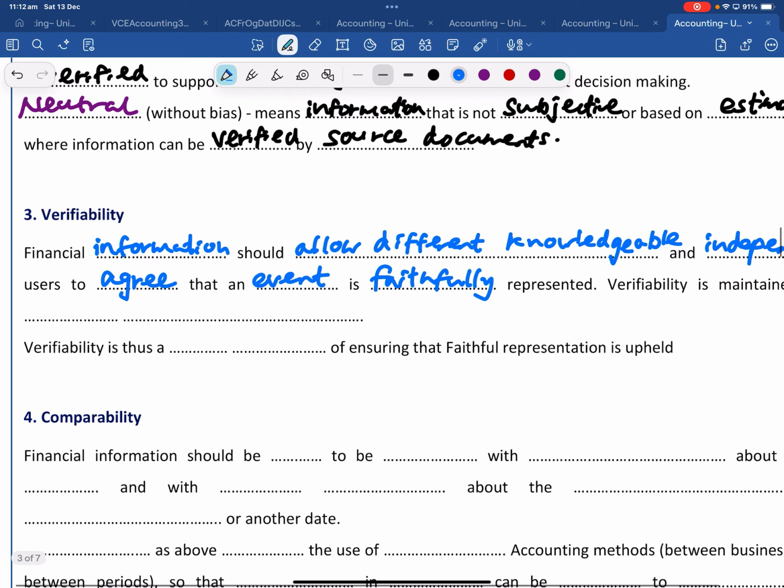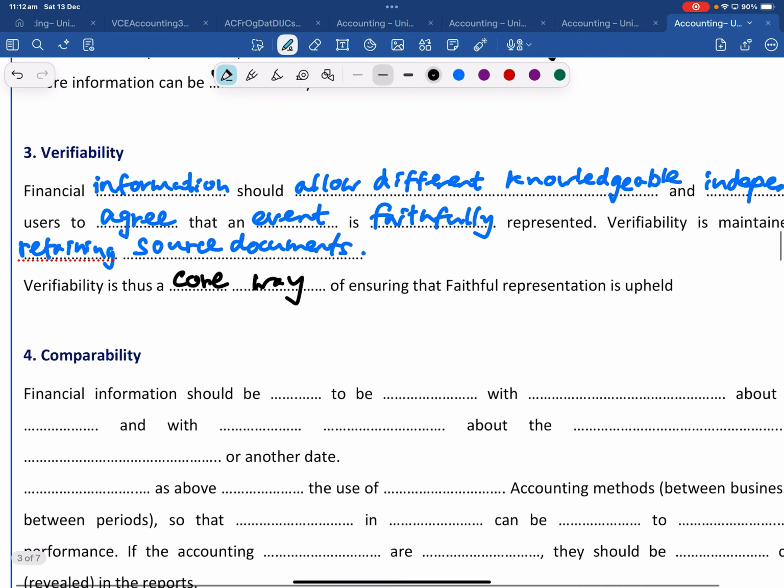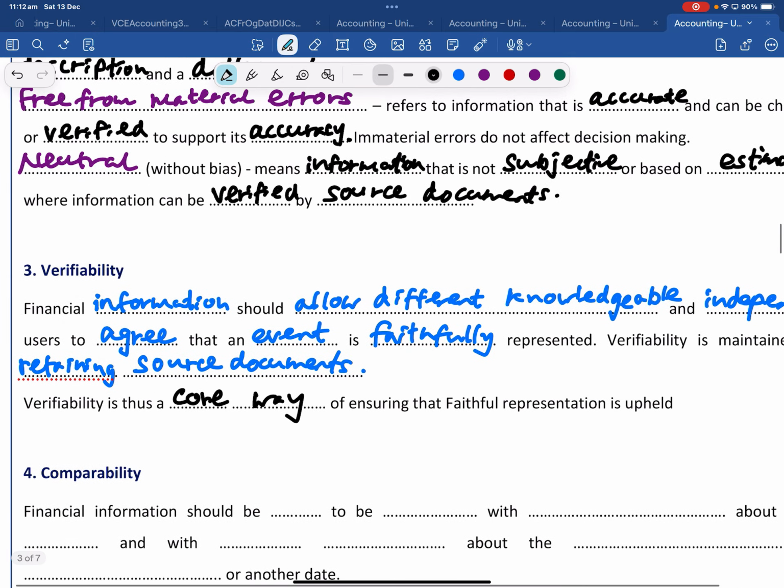Verifiability is maintained by retaining source documents. Verifiability is thus a core way of ensuring that faithful representation is upheld.